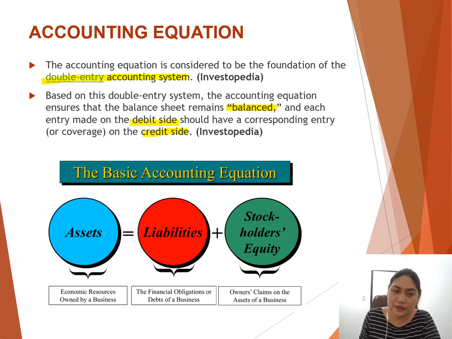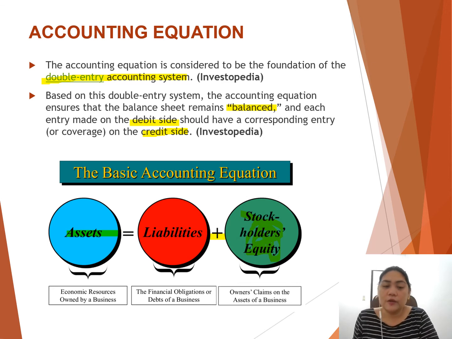And this is the accounting equation. Okay, assets equals liabilities, and yung stockholders equity na ito yung tinatawag natin na owner's equity. Stockholders equity kasi ang ginagamit kapag corporation. Pero dahil tayo ay sole proprietorship pa lang naman, ang gagamitin natin dito ay owner's equity or capital.